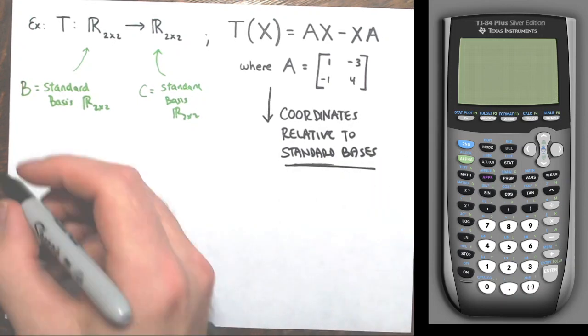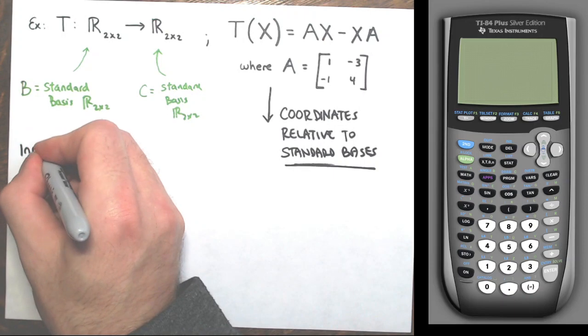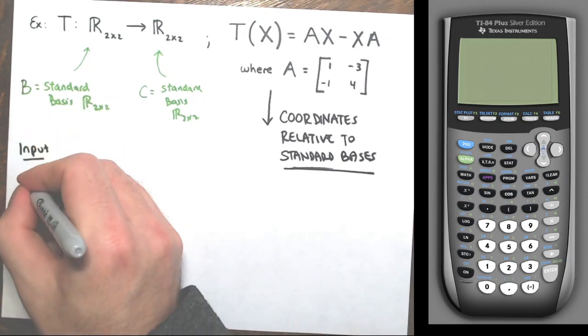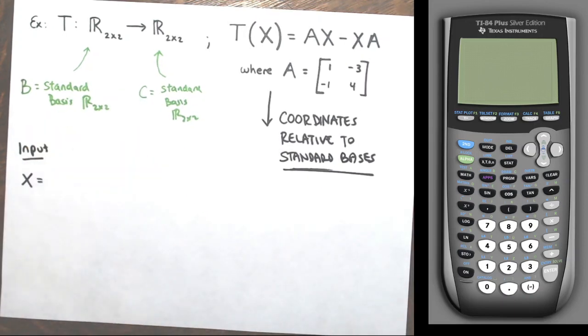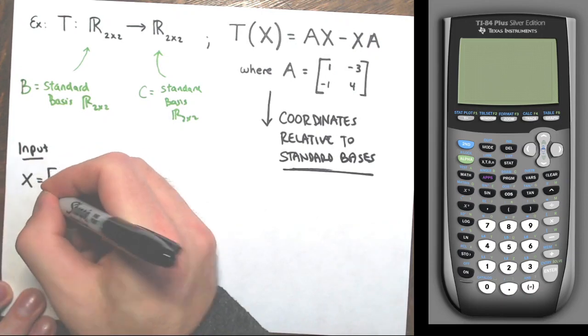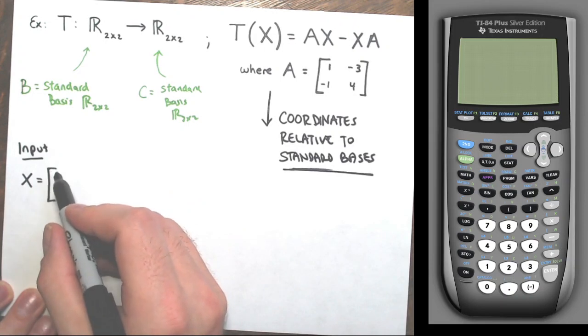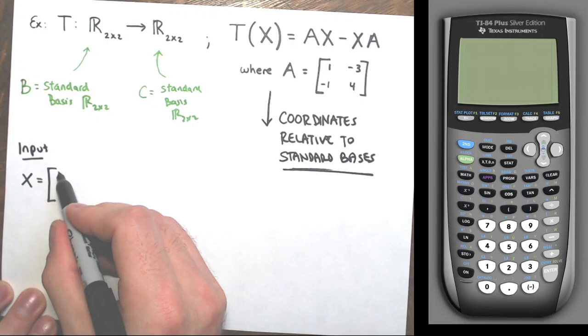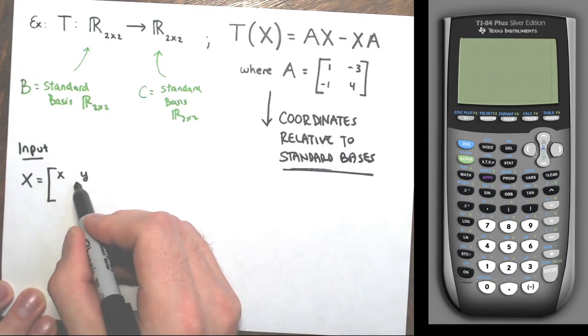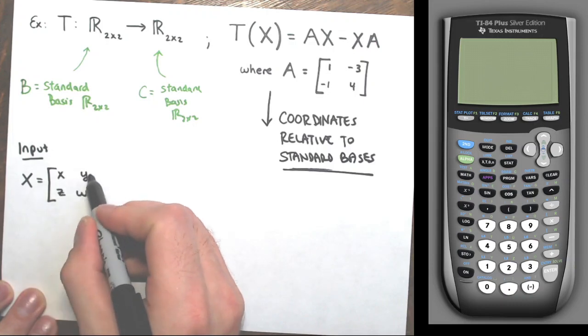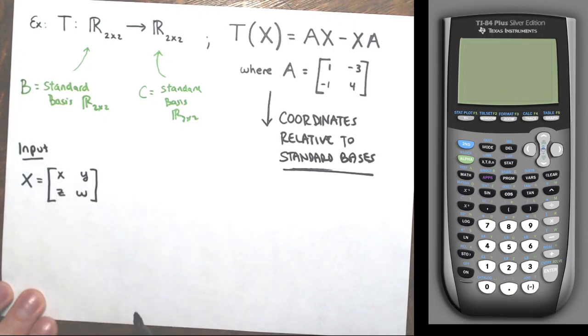All right, my input is some 2 by 2 matrix X. What does a general input look like? Let's say X is made up of values x, y, z, and w. Then x, y, z, and w can be any real numbers.